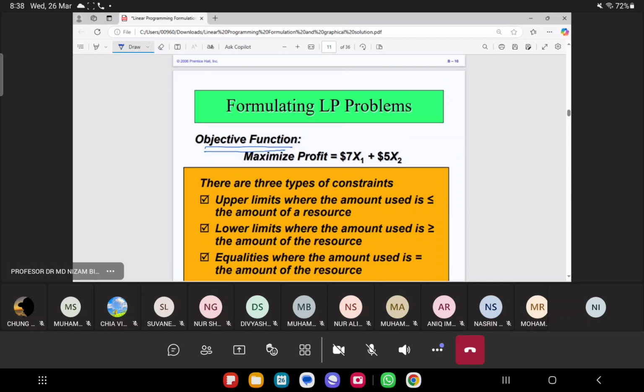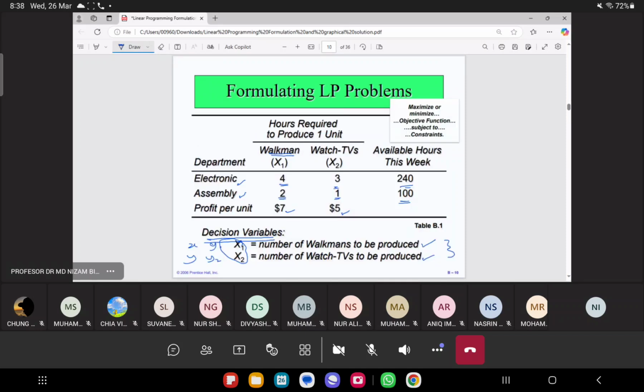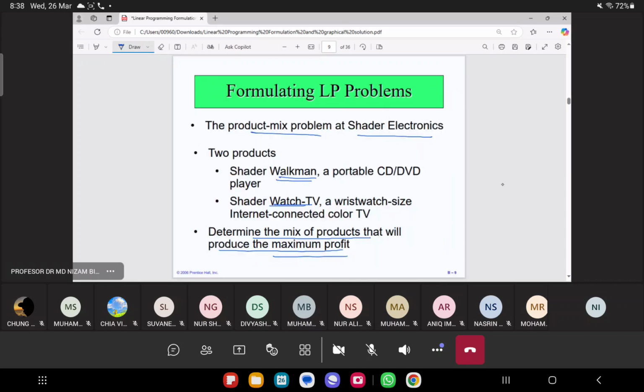And for this particular case, it's stated very clearly. They want to maximize the profit. They want maximum profit. So the objective function is maximize the profit. Once you decide the objective function, you should be able to define the calculation of the profit based on the decision variables.